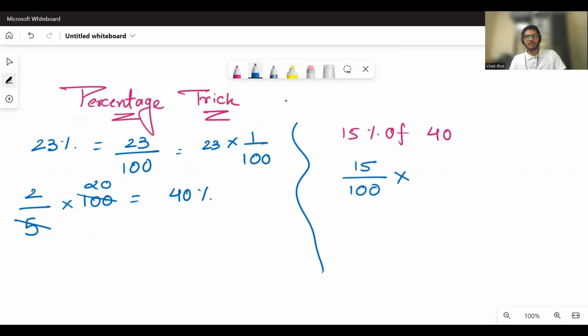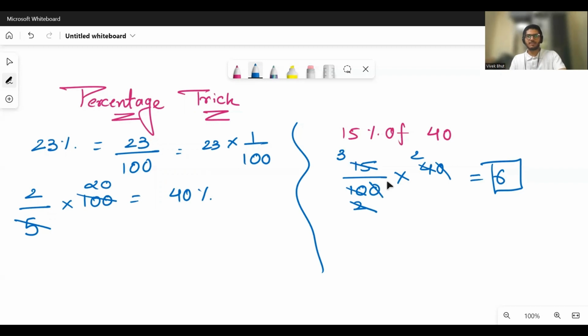Of means multiplication, and whichever number comes after of, we have to multiply by that. So after of we have 40, so I multiply by 40, right? Since we are finding 15% of 40, obviously the number we get is going to be less than 40. Now, this is the traditional method. So now 1 0 will get cancelled here, right? The other one is going to be 5 3s are 15 and 5 2s are 10, so 2 2s are 4 out there, and the answer is equal to 6. So 15% of 40 is equal to 6, right?